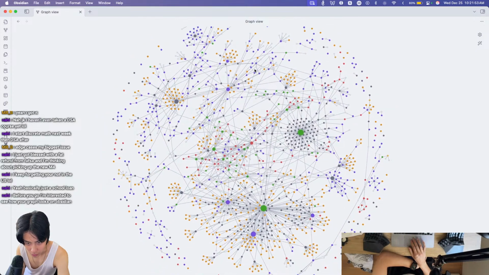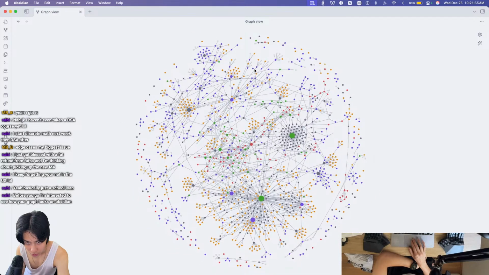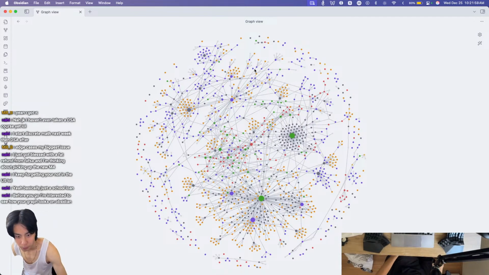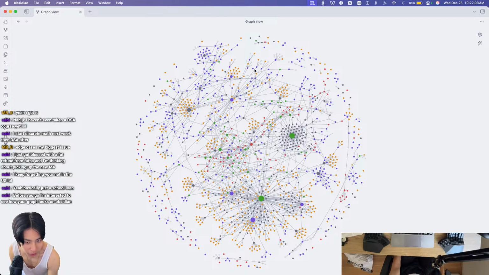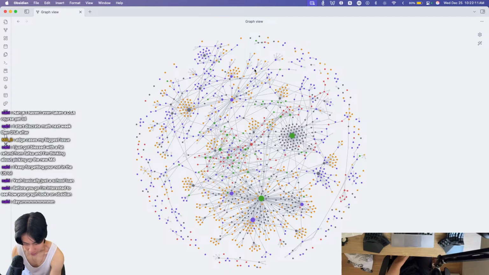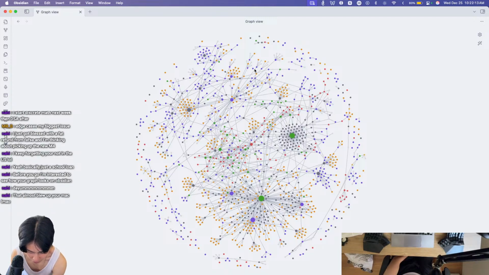Zoom out even further. Slowly, okay. That's it. It's a humble graph, given how many years I've technically had this already.